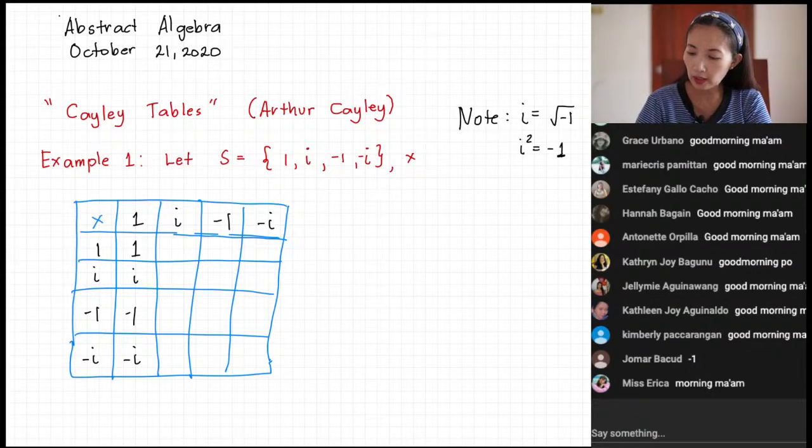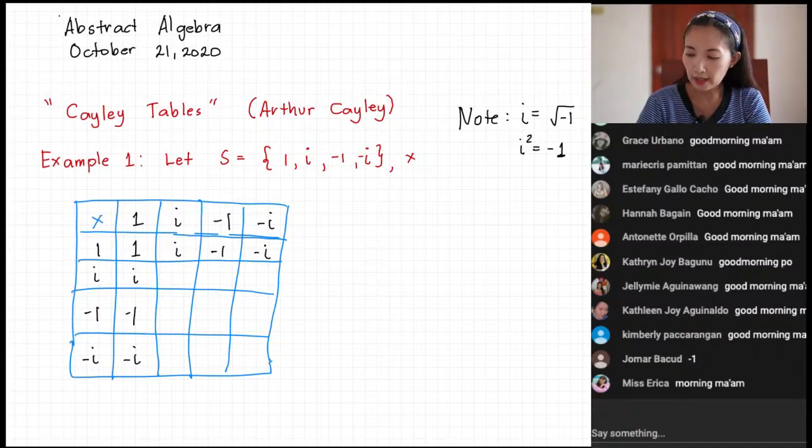In like manner, the second row could be filled out right away because this is anyway multiplying by 1. 1 times i is i, negative 1 times 1 is negative 1, and this will be negative i. Next we proceed to the third column.